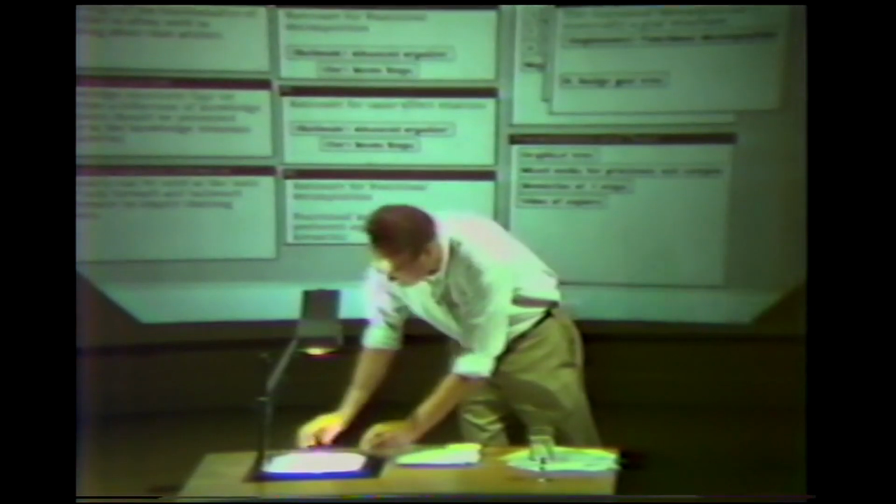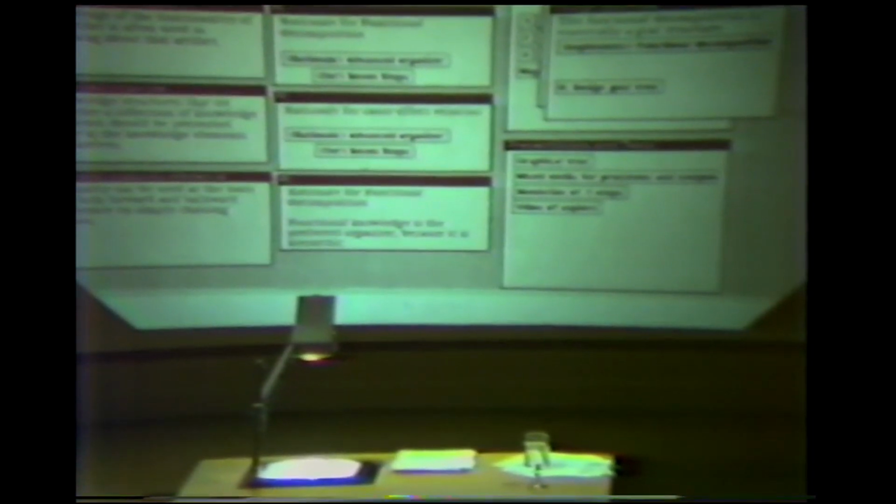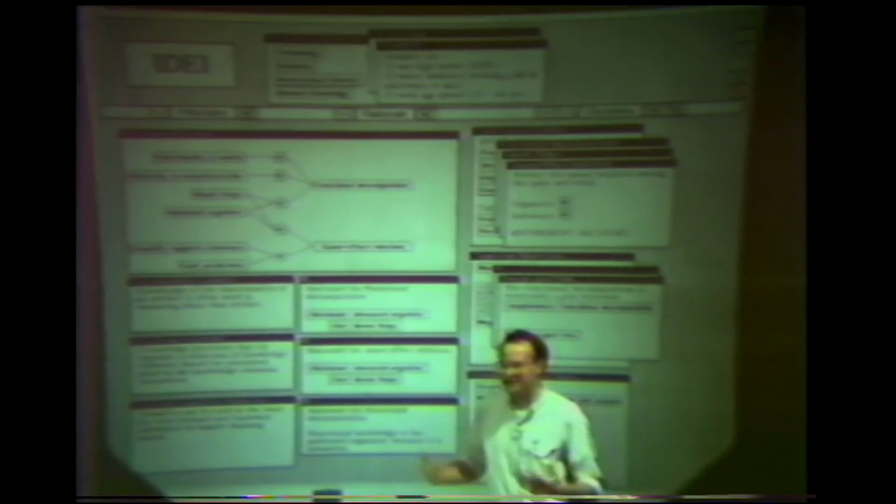To show you that's actually possible, this is a project called IDE, which is Tom Moran and a number of other people are doing in our laboratory to build a system to help build intelligent computer system instructions. And this is a layer on top of NoteCards. Each one of these things is a specialized note card that when it comes up, it lays itself into the appropriate column determined by what kind of card it is.